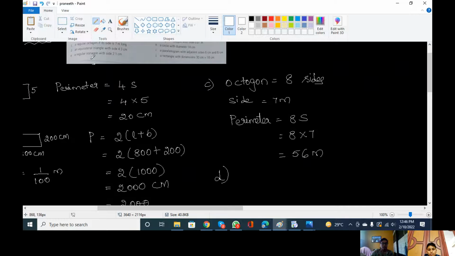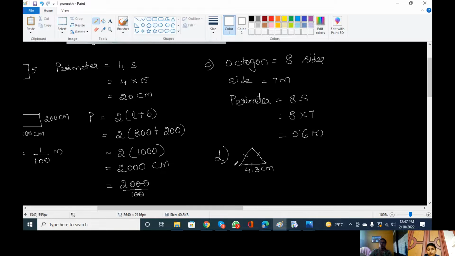Next. D. An equilateral triangle with a side of 4.3 centimeters. Equilateral triangle means all the sides are equal. So they gave each side as 4.3 centimeters. You need to find the perimeter of an equilateral triangle. The perimeter of an equilateral triangle is the sum of all its sides.